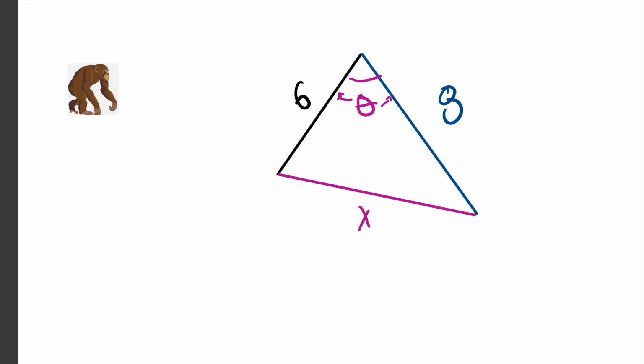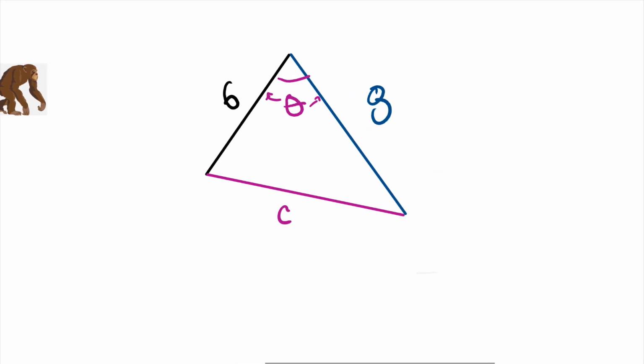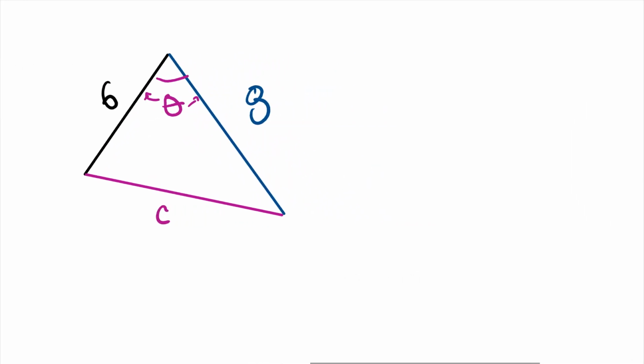There's the law of sines, but you need an angle across from a side, and we don't have that, so it isn't the right case. But the law of cosines would work really well here. So maybe instead of calling this x for a second, call it c, so we can set up some sort of formula.